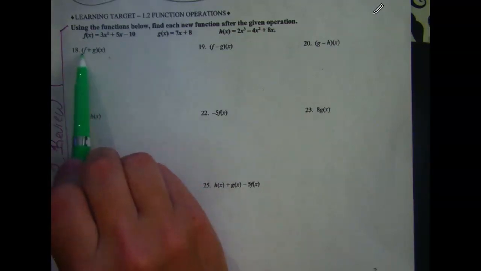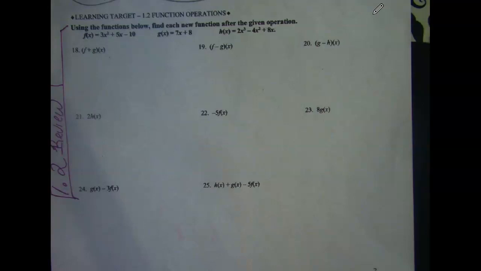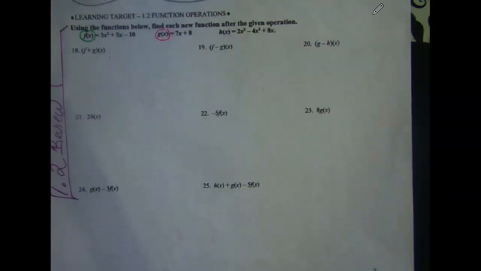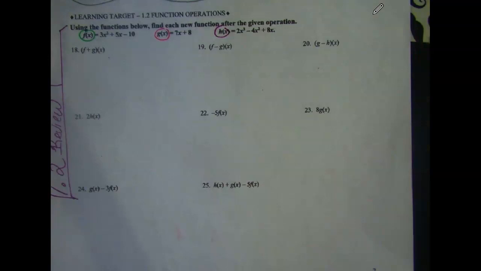So looking at 18, this is telling us that it wants us to add the function f and g. So I'm going to use green for f, I'm going to use pink for g, and I'll go ahead and use purple for my h.